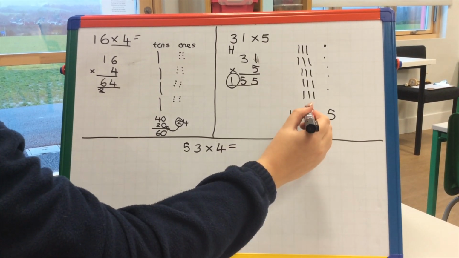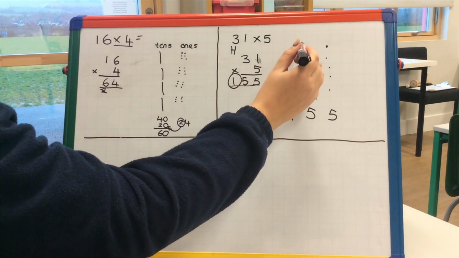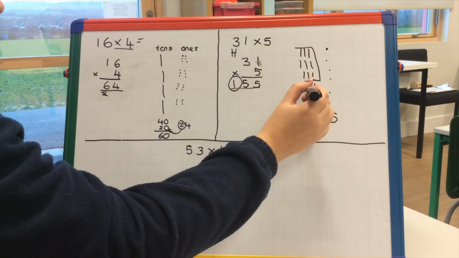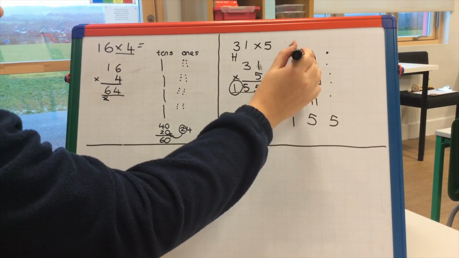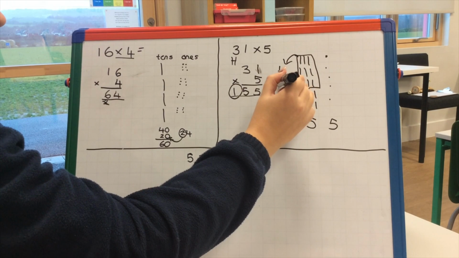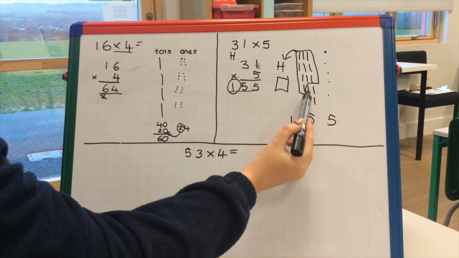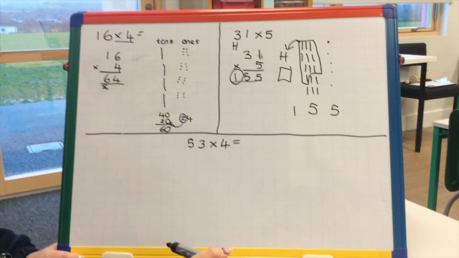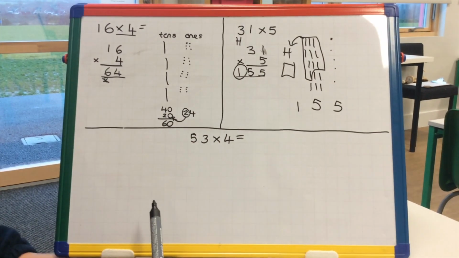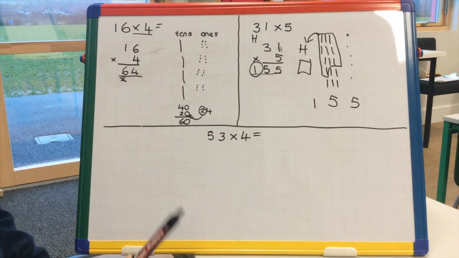So 150, because we can swap 10 of these, move up into the hundreds column. So we now have 100 and 10, 20, 30, 40, 50, 5. 155, which is correct. And we've got our answer there.